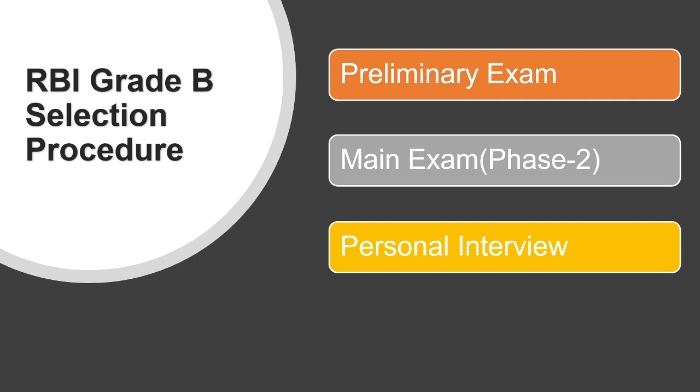This exam is generally conducted in three areas. First we have a prelims examination, also known as phase 1, where we have 4 subjects. Then we have the mains examination, phase 2, where we have 3 subjects, and then finally we have the interview.